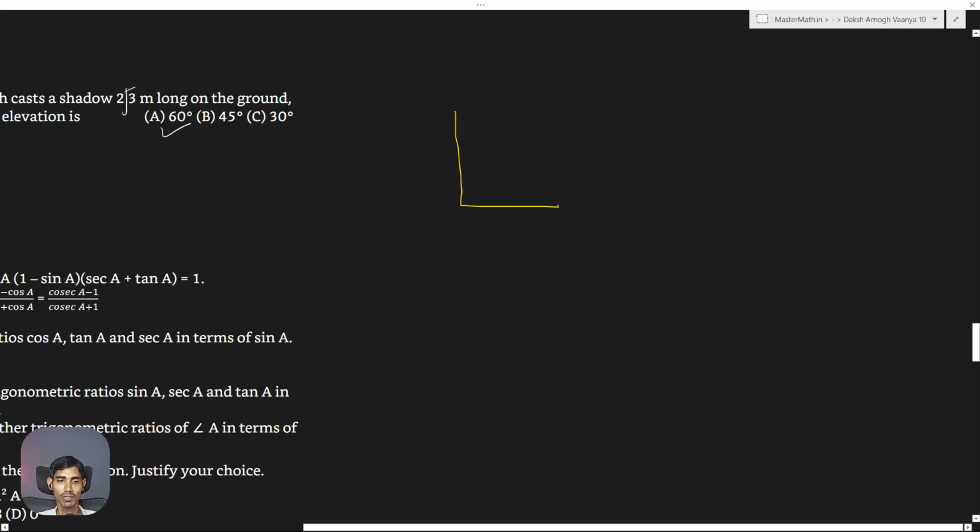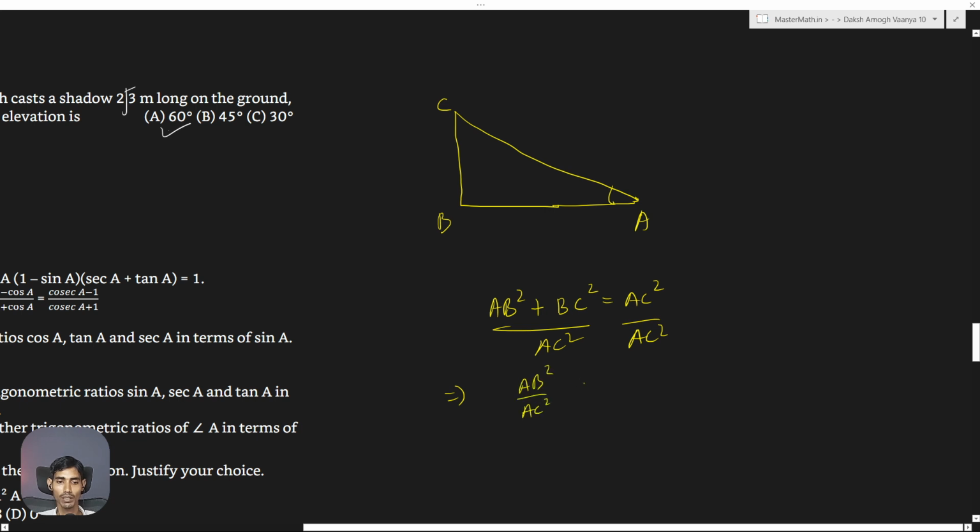Say we have this angle. You can write it later if you want, but now if I divide that by AC square on both sides, I get AB square by AC square plus BC square by AC square equals 1.